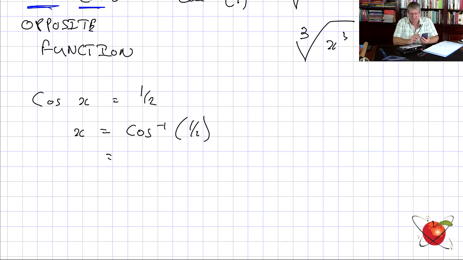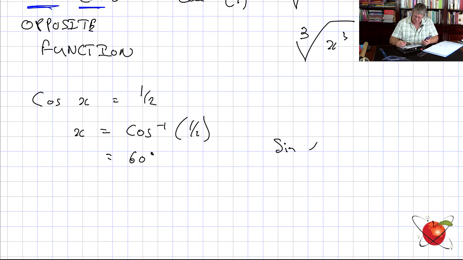Look on your calculator above sine, cos, and tan. You will see the sine to the minus 1, cos to the minus 1, tan to the minus 1. So what will you do? Shift cos, 0.5, and equals 60 degrees. Remember, the answer will be in degrees.